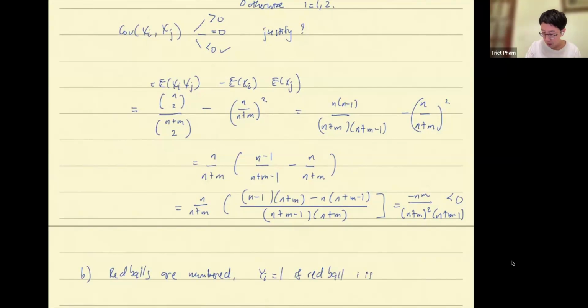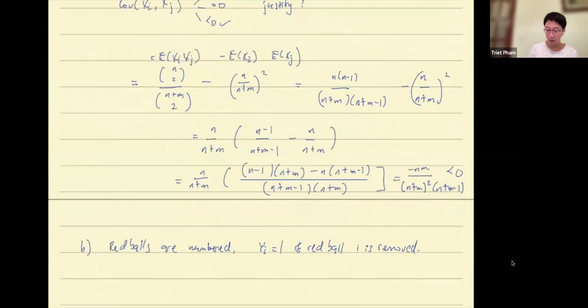So you see, it's more specific here. Before, it's just the first red ball, right? The first ball being removed is red, then that's 1. Here, the first ball being removed must be the first red ball, or the red ball number 1, then it's 1. So that's the difference.